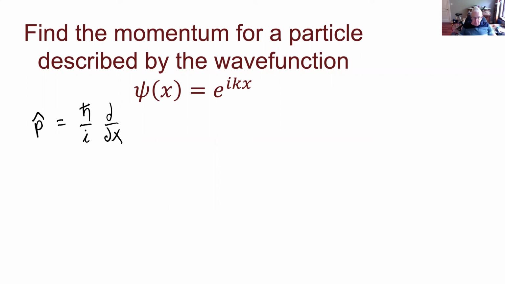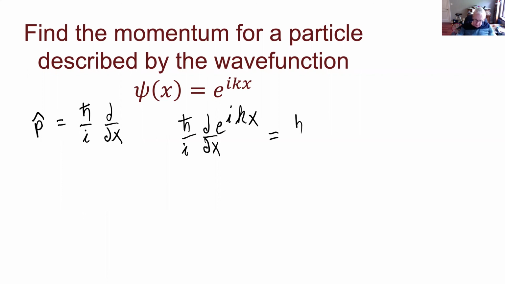And so my momentum for this case is going to be, I want to take that operator, h bar over i, derivative, and have that act on e to the ikx. When I take the derivative of e to the ikx, I'm going to get ik times e to the ikx, right?